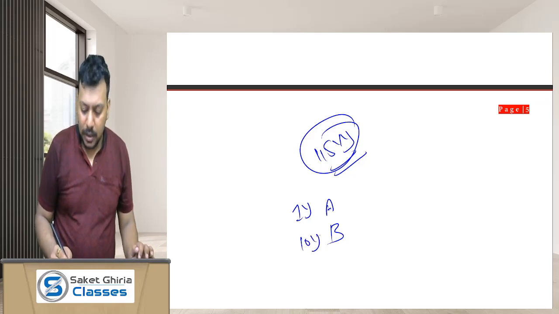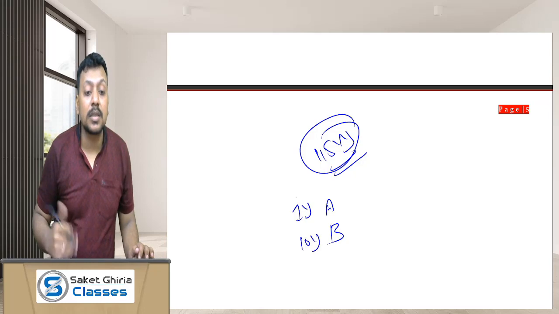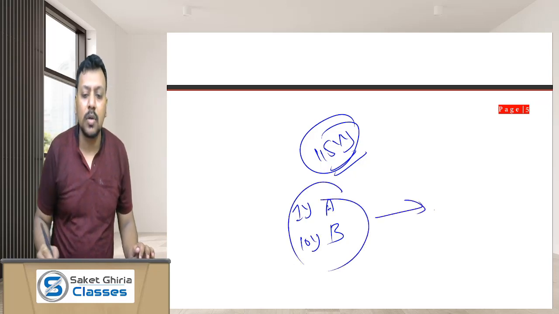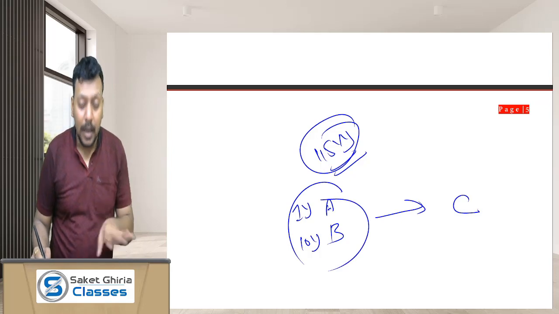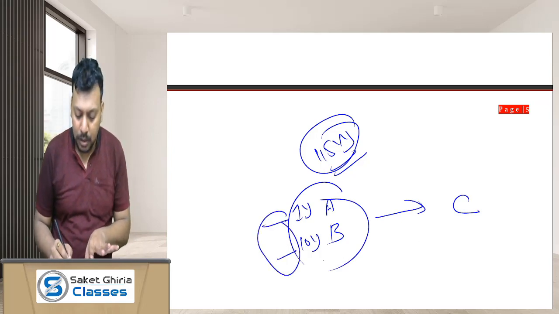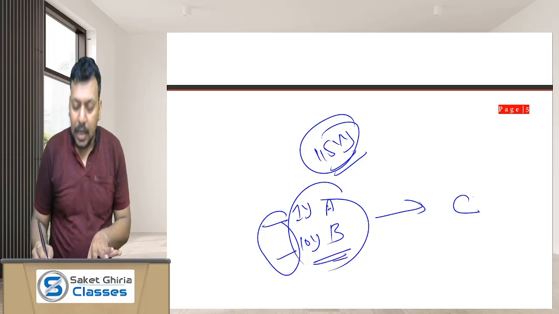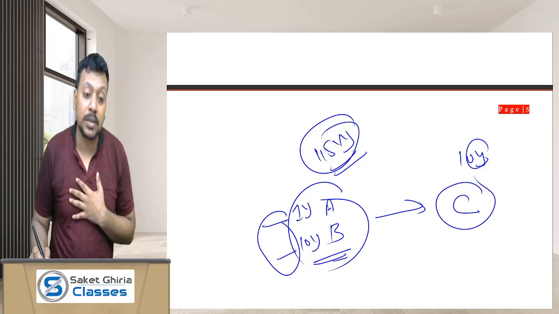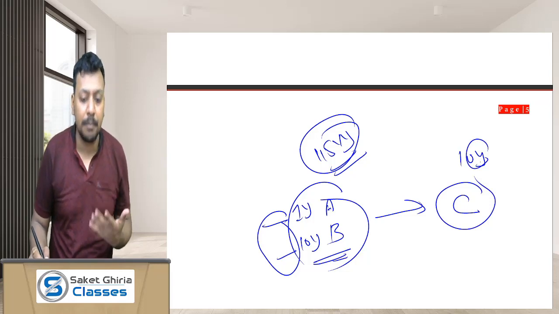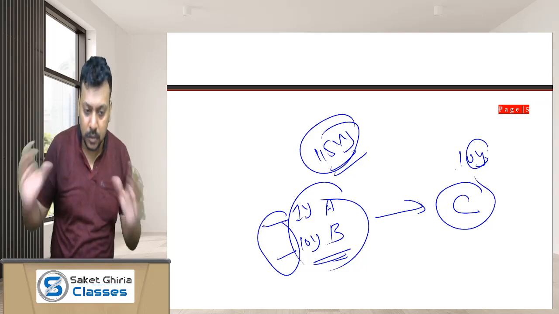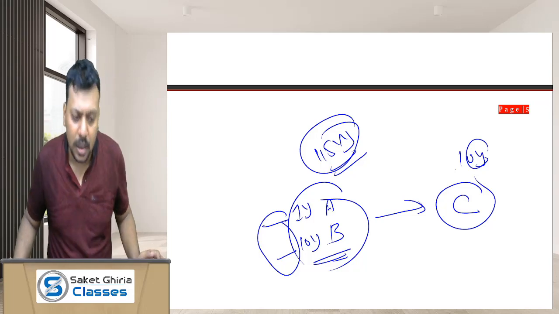Company A, as only 1 year is left, would like to merge with company B, and let's say a new company emerges, which is company C. As 10 years is the highest unexpired period in both cases, company C would be eligible for 10 years of the tonnage taxation scheme. Are you getting it? So this will encourage the companies to amalgamate and consolidate, and this will lead to consolidation in the shipping industry.